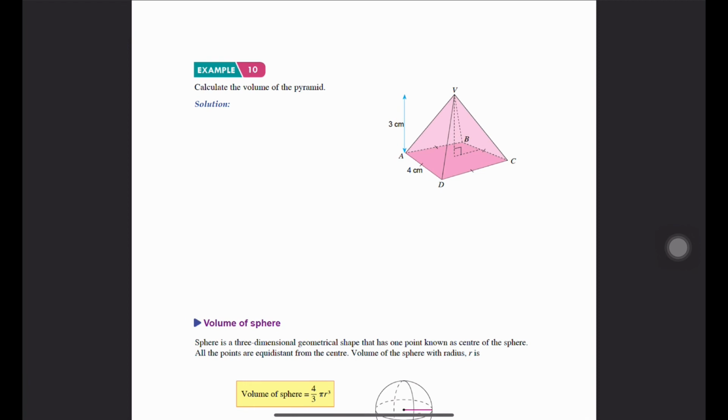Now, next example. Calculate the volume of the pyramid.